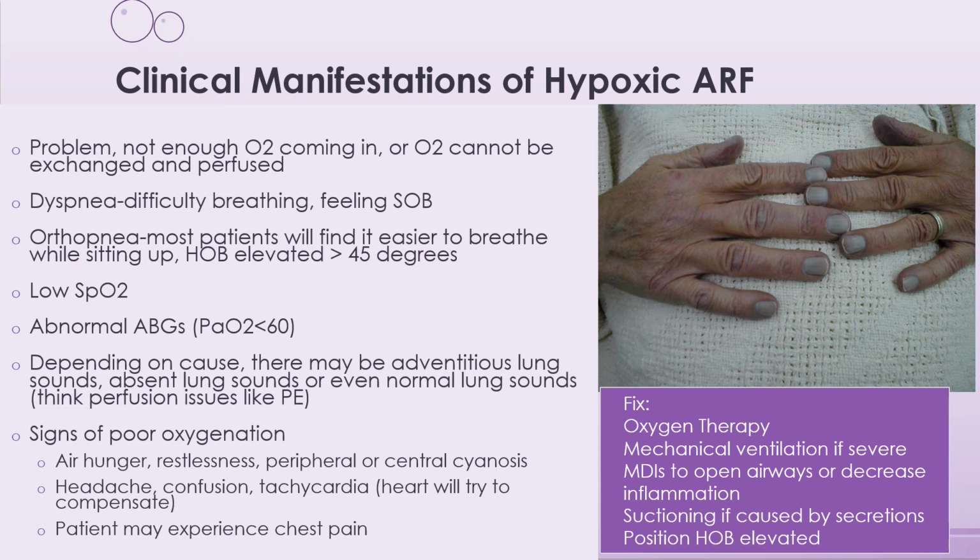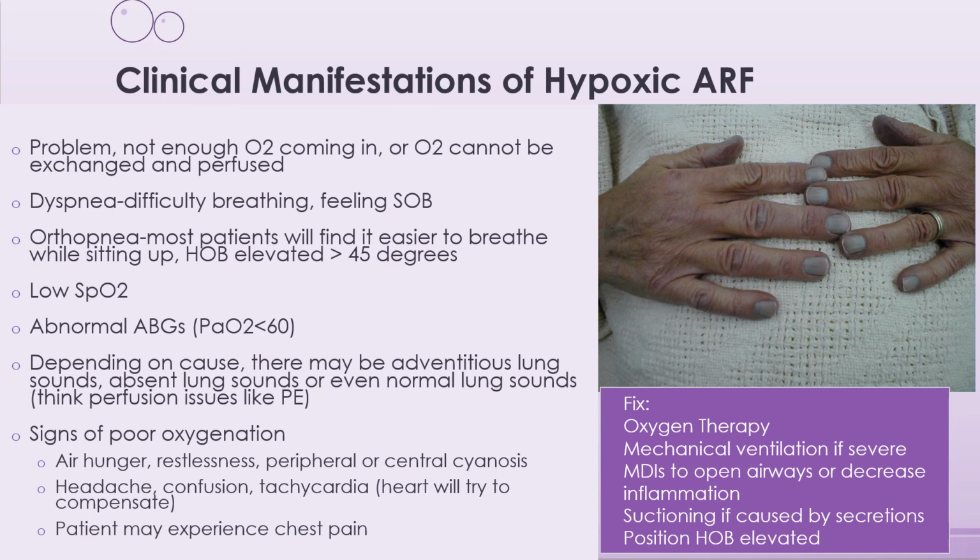All right, so we're going to sit the head of the bed up. We're going to give them oxygen. We're going to assist with respirations if we need to, right? So mechanical ventilation if it's severe, or we're going to bag using a bag valve mask, aka ambu bag, right? We may have to assist with respirations.